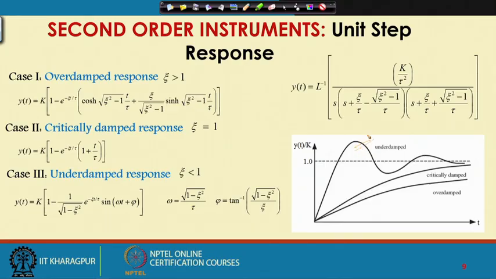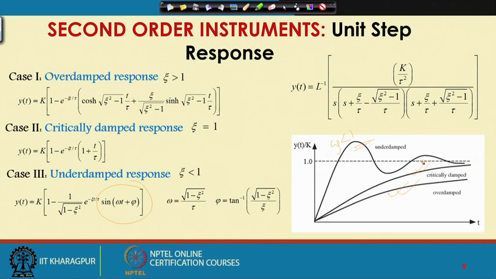This is the underdamped response. See, there are sustained oscillations because you have the sine function there. Here zeta is less than 1, so the response will oscillate. For overdamped, you will get this response, and for critically damped, you will get this.